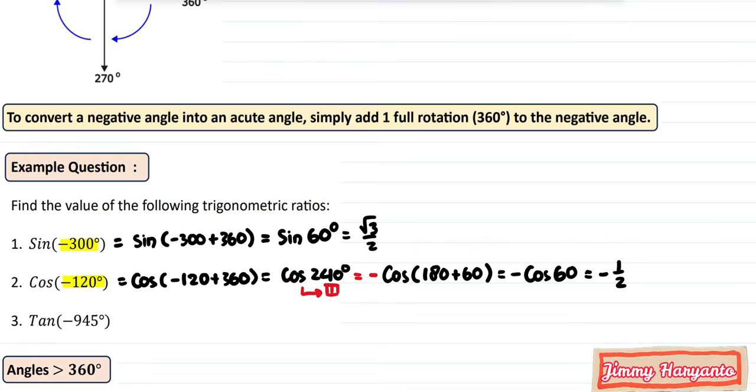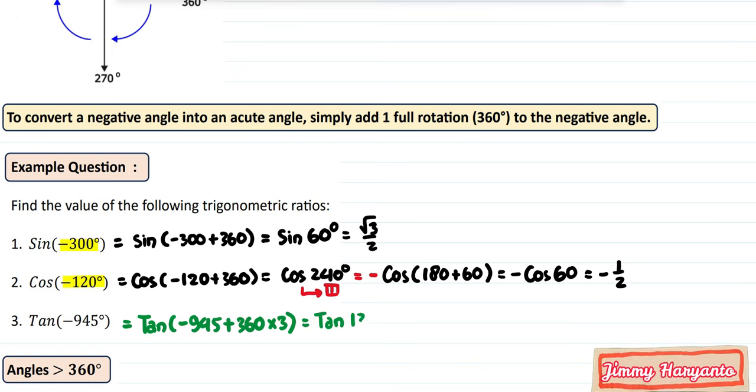Next is tangent negative 945. I want to add this with 360, but like 3 times. Yeah, 3 times of 360. Okay, you can do this one. So equals to 135.